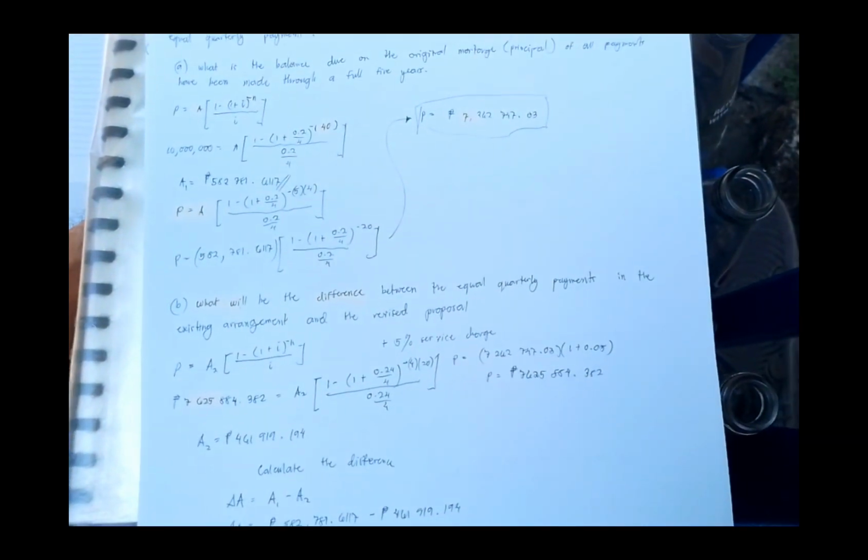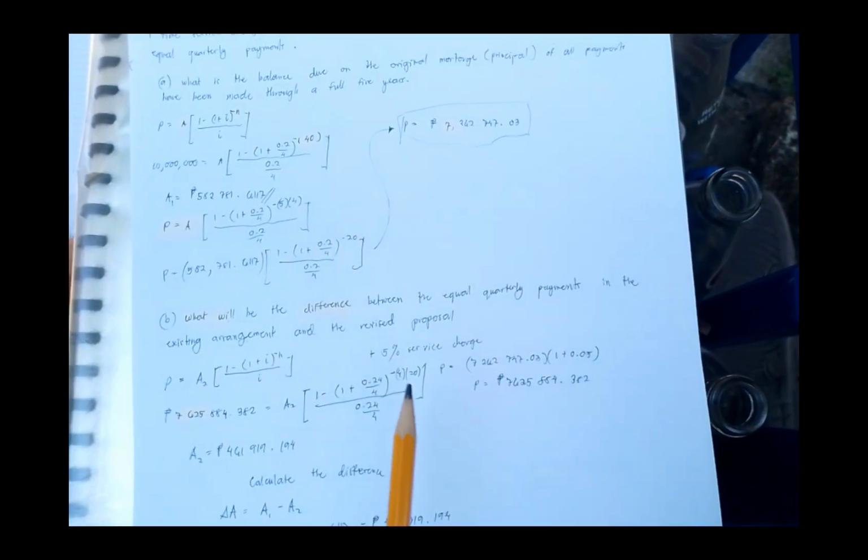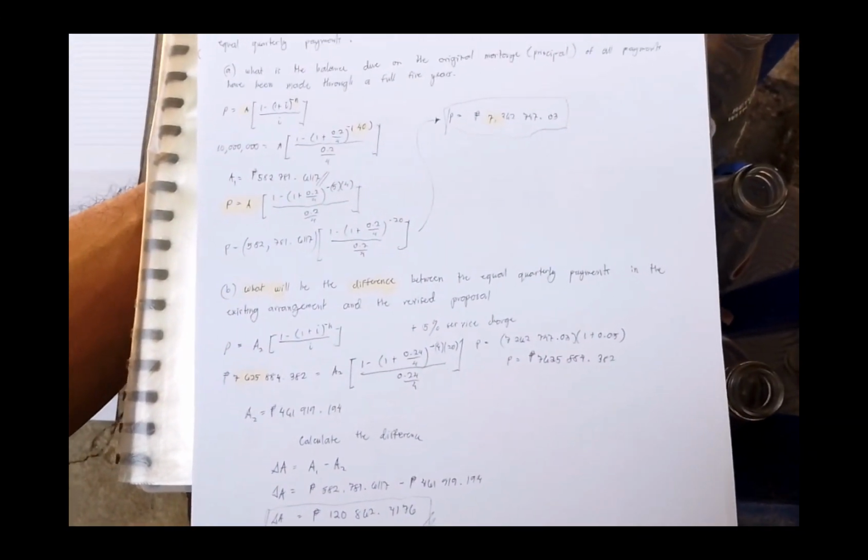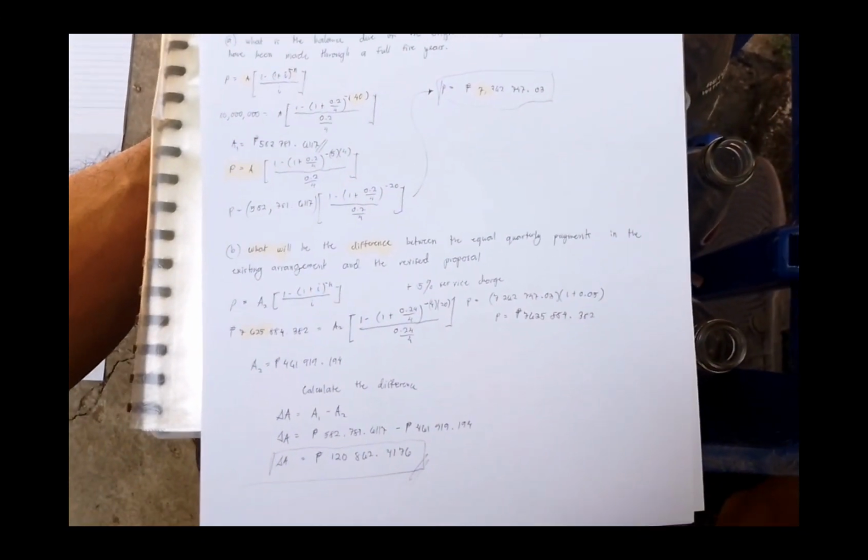At the same time, although the annual payment here is larger, the number of payments is smaller: only 40 payments, while here there are 80 payments. Sorry, I forgot to put the cash flow, but it should be there. And that's all, sir, and thank you.